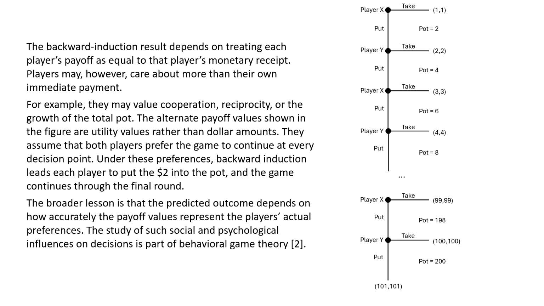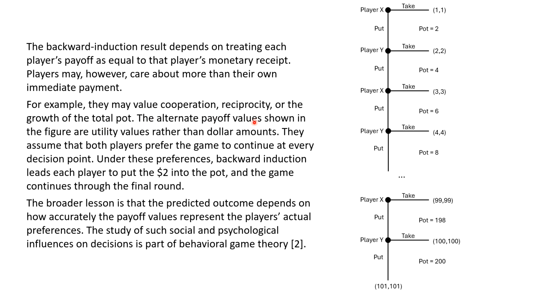As we saw, the backward induction result depends on treating each player's payoff as equal to the player's monetary receipt. That's the problem. Players may, however, care about more than their own immediate payment. So, for example, they may value cooperation, reciprocity, or the growth of the total pot.